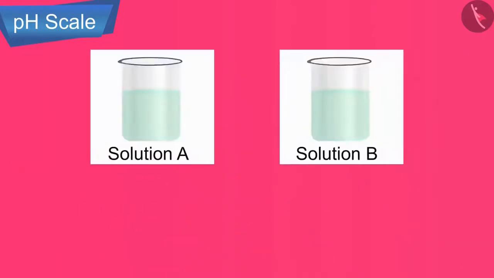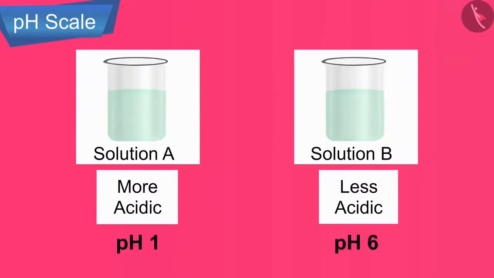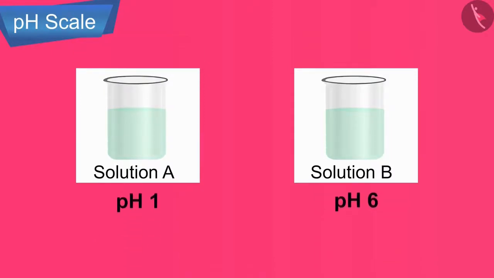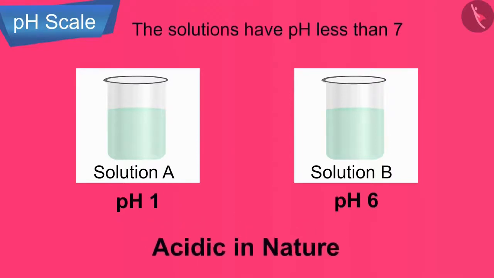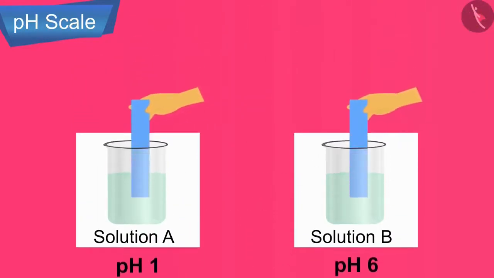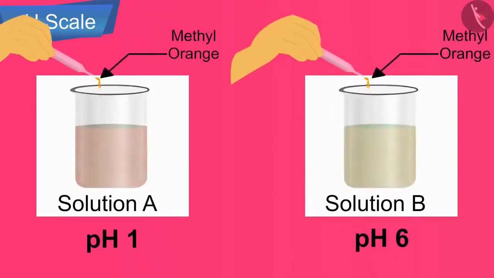For example, a solution of pH 1 is much more acidic than another acid having a pH of 6. So, all solutions having a pH less than 7 are acidic in nature, and hence they turn blue litmus red, and they also turn methyl orange indicator red.